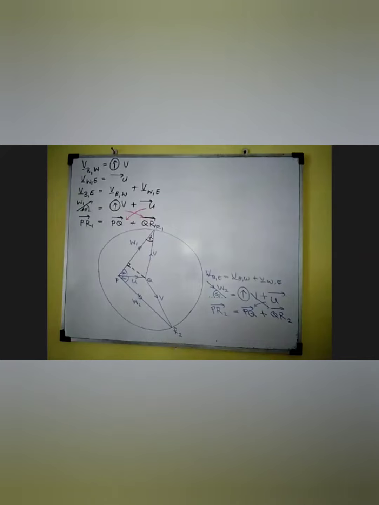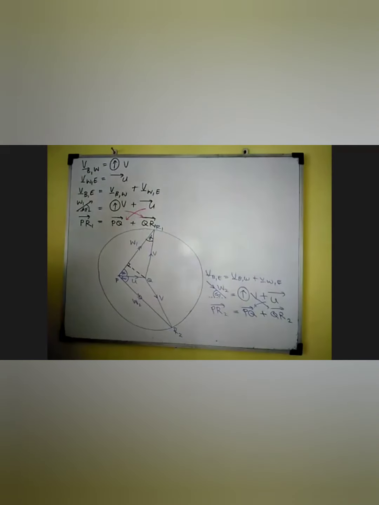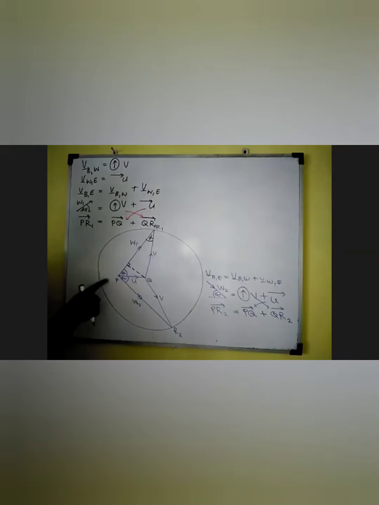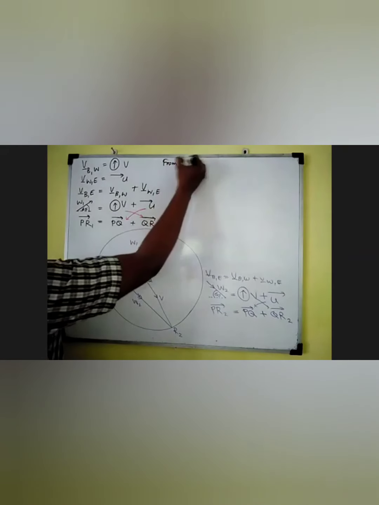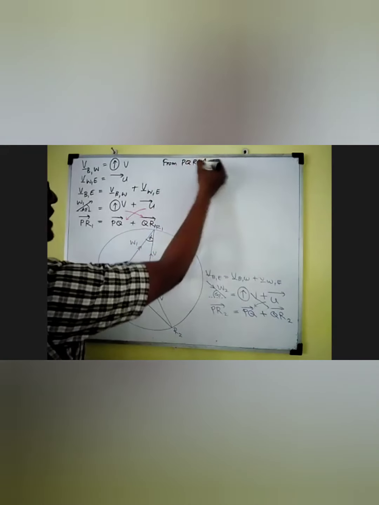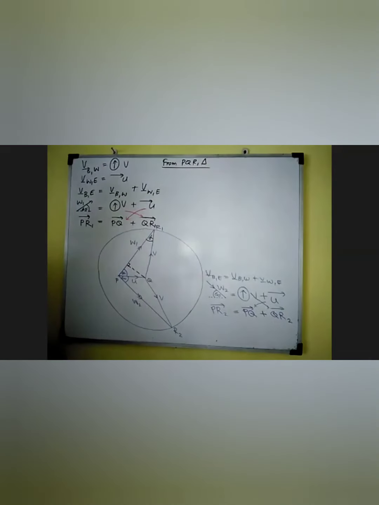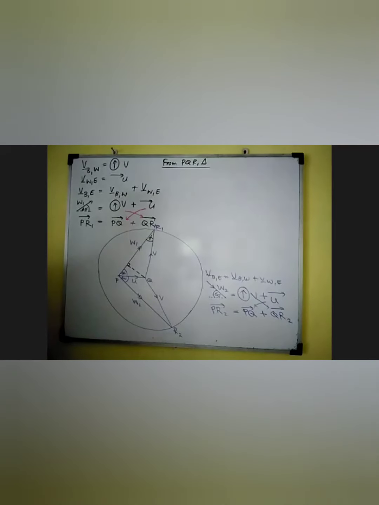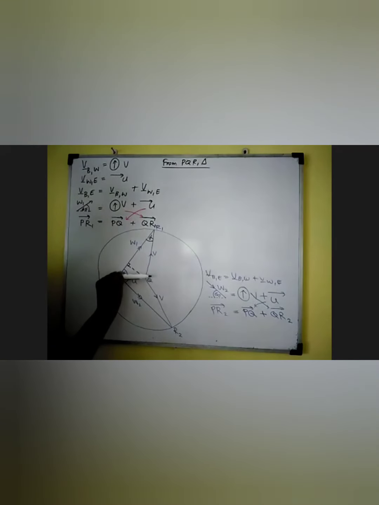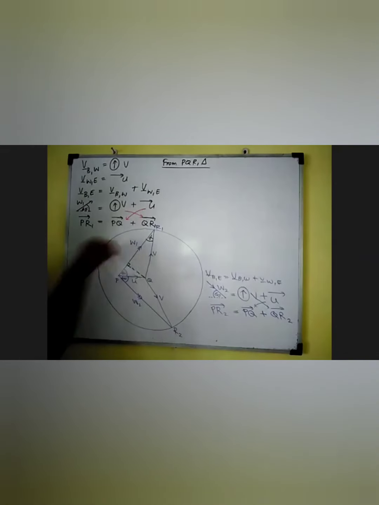So first I have to find that. Now consider only PQR1 triangle. From PQR1 triangle, resolve this one to get this perpendicular. Resolve this U vector to get this perpendicular.